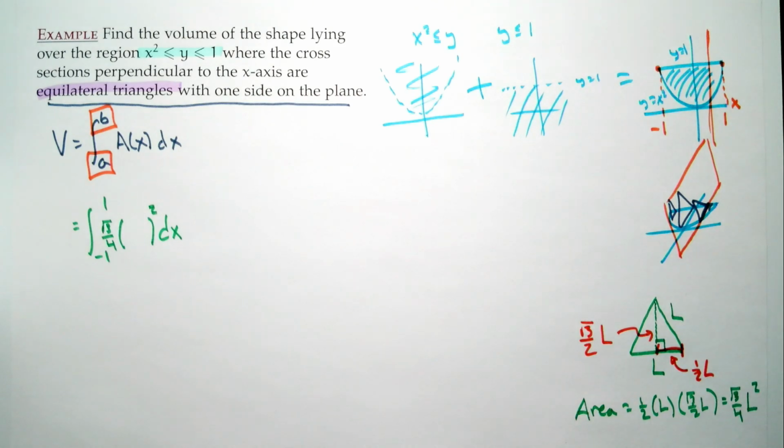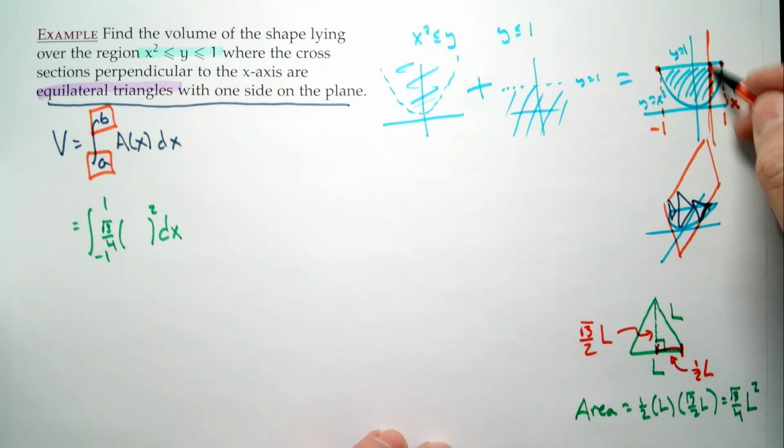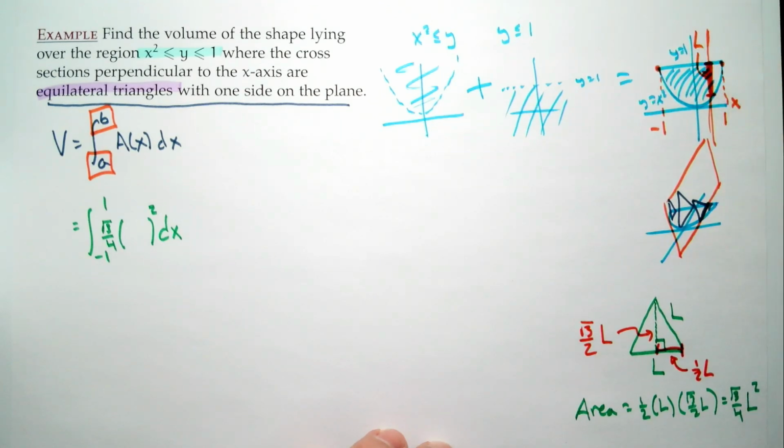So for that, we say, okay, according to our basic idea, our L is the base of our equilateral triangle. And according to the rule, we put the base right here. So this length is our L. It's how far we are between the top curve and the bottom curve, because that's the base.